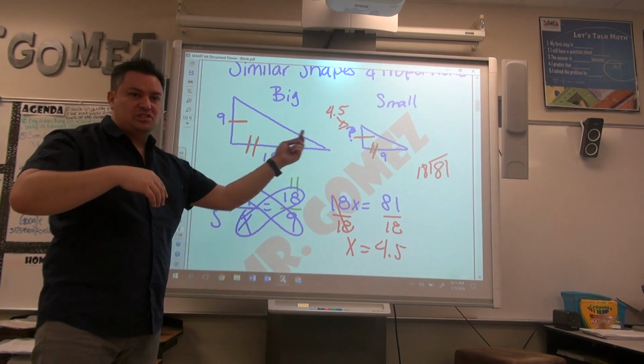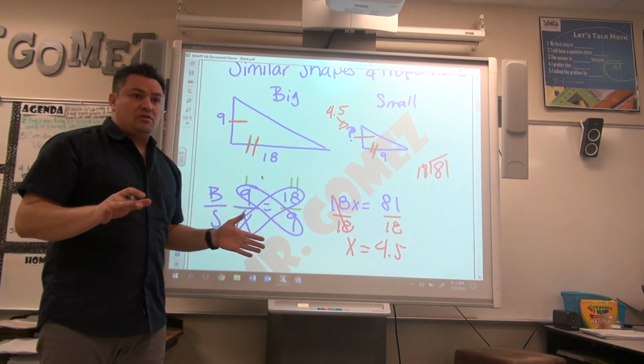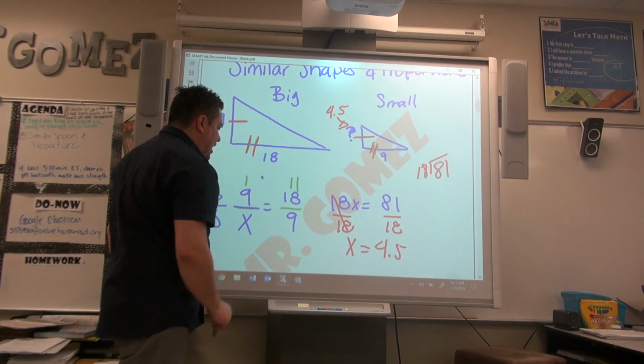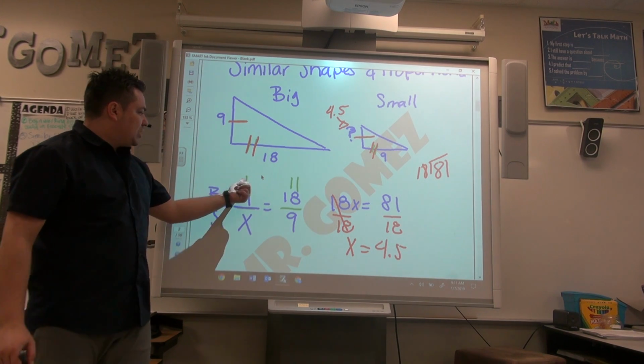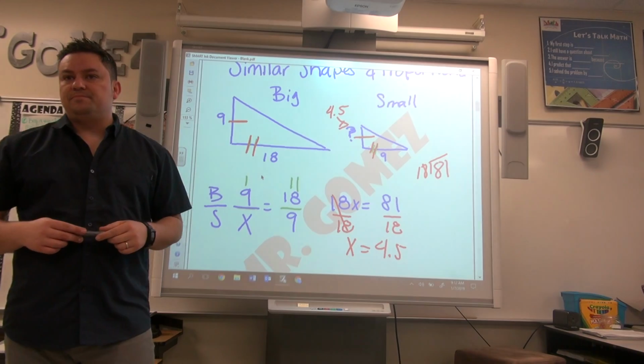If they're divisible by 3, you can divide the other one by 3, and so forth. If you don't know how to do that, this proportion thing is gonna help you every time. Again, big, 1 tick mark, 2 tick marks, and fill it in properly.